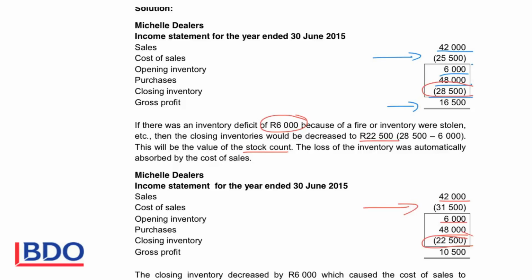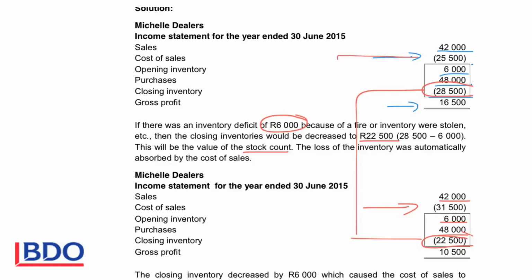So if you compare these two figures with each other, you can see that because the closing inventory decreased from 28,500 to 22,500, my cost of sales automatically changed from 25,500 to 31,500.